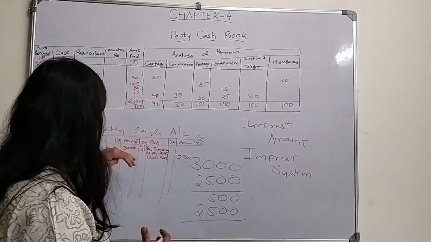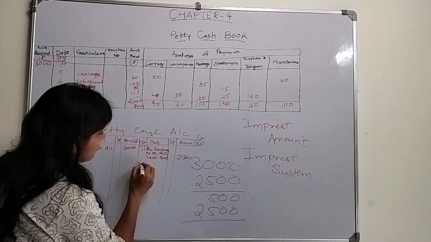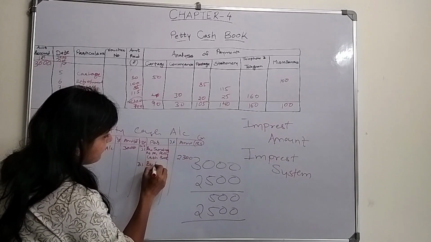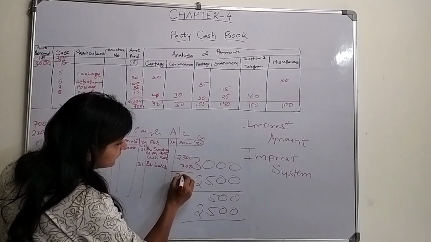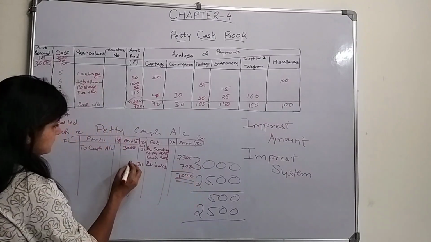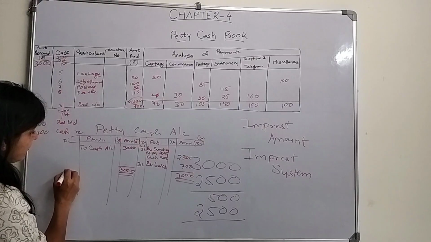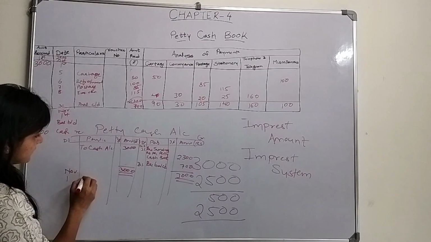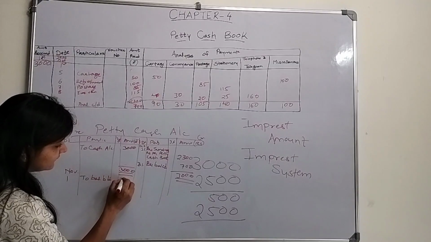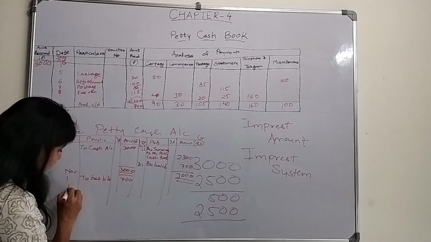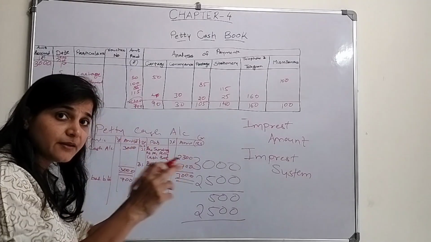Now again on 31st, what is the balance? By balance carried down is 700, 3,000 done. And on November 1st, to balance brought down 700, and on November 1st they will receive the petty cash amount from the main cashier.